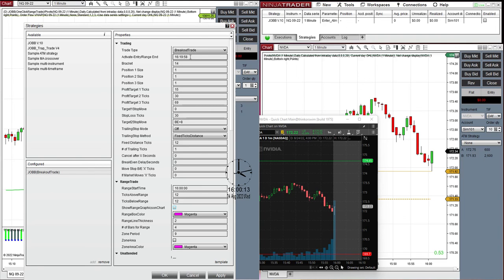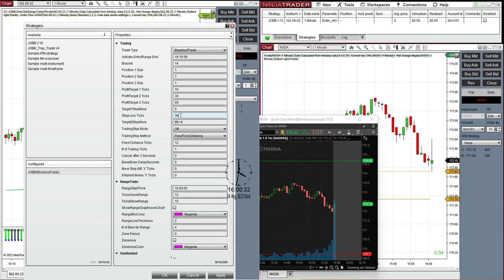All right. I'm using a bracket of 14, and I've got three positions, 15, 30, and 69 on my targets. Don't use my exact targets. And I'm using a stop of 30.